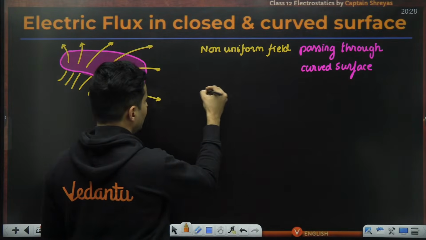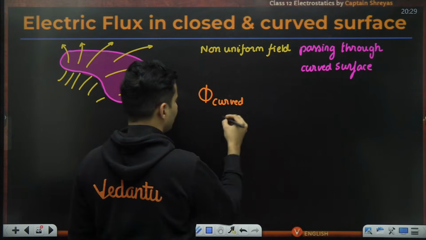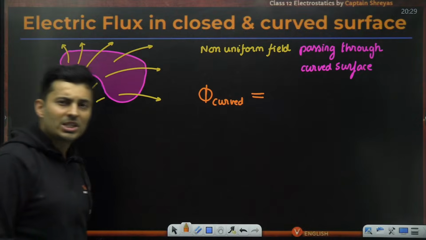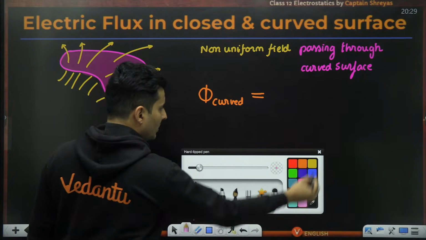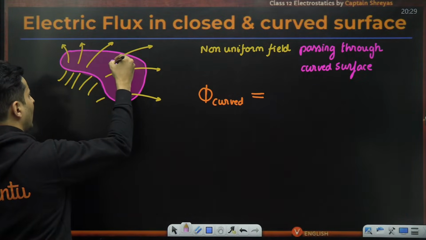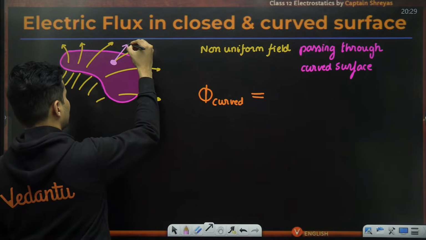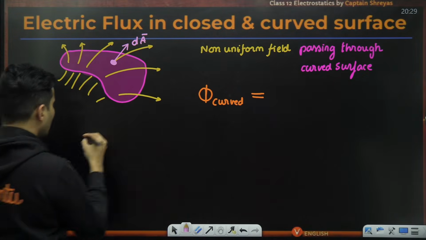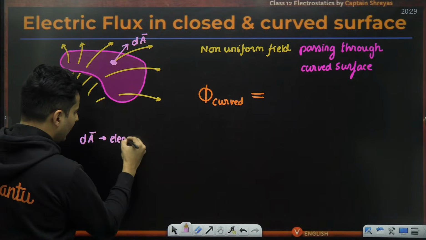The answer is yes. If I want to measure the flux through any curved surface, the answer is simple summation, which is integration. You take small areas. Let's say you take some area over here, and that will have some small area vector, maybe like this, which I can call dA. So dA is nothing but an elemental area vector.